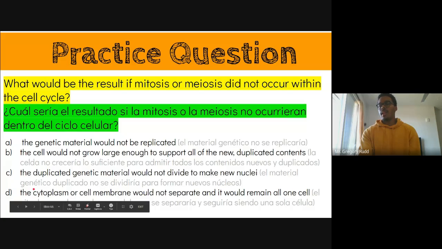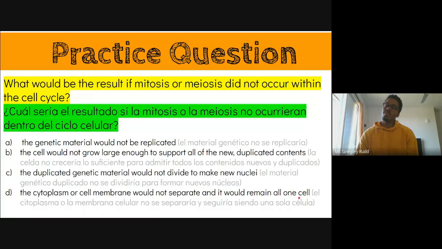And then answer choice D, the cytoplasm or cell membrane would not separate and it would remain all one cell. When does that happen during the cell cycle? When does the cytoplasm or cell membrane split?